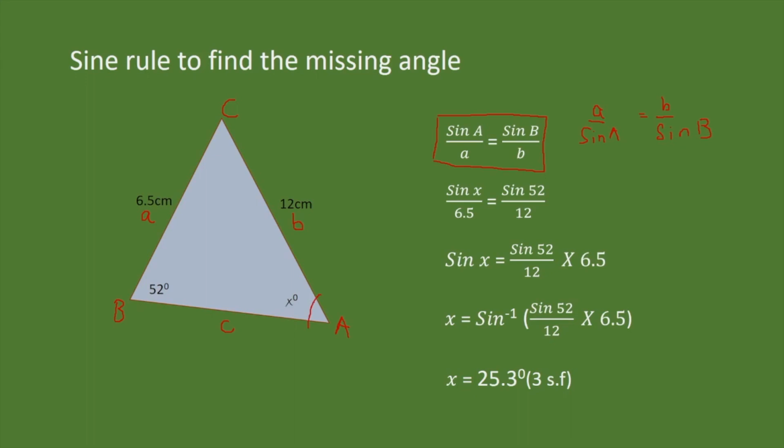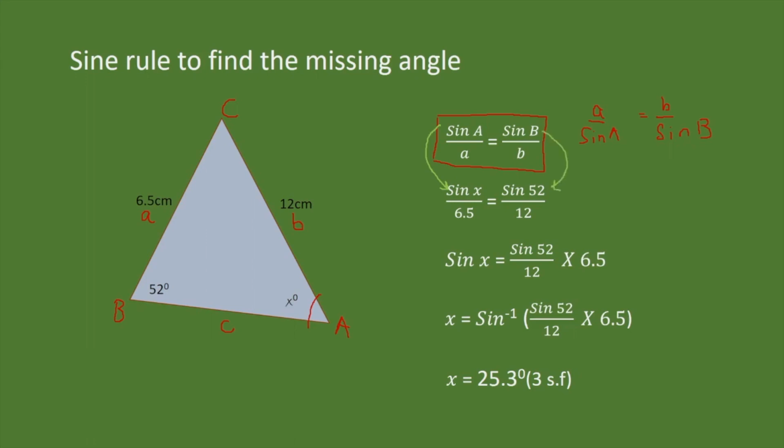Now let us substitute the values. We know that we need to find angle A, so sine A will remain as sine x. And a, we write 6.5 centimeters. And sine B, we have 52 degrees, which is sine 52. And b is equal to 12 centimeters.